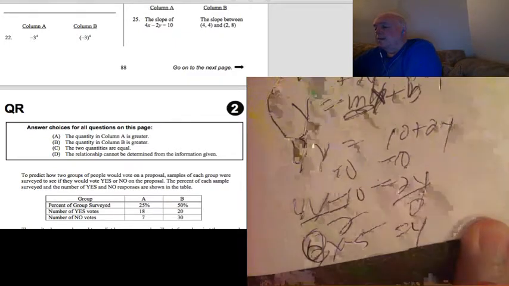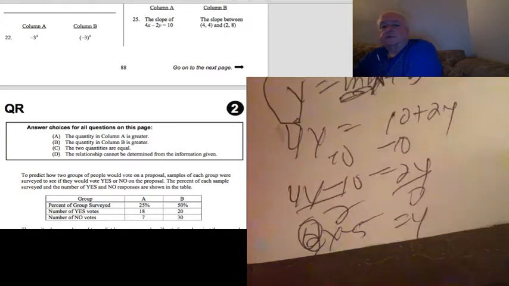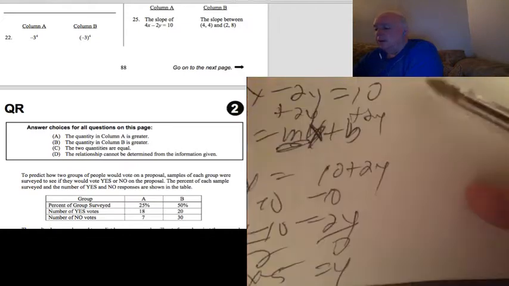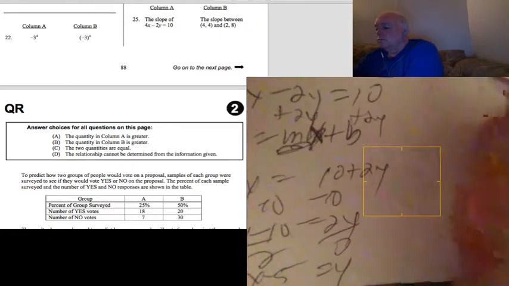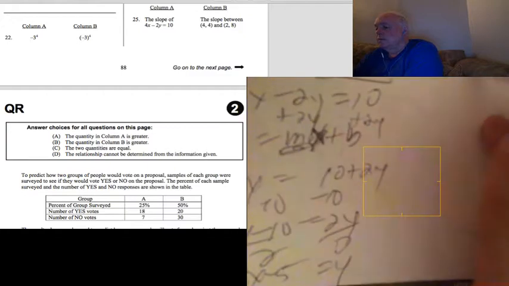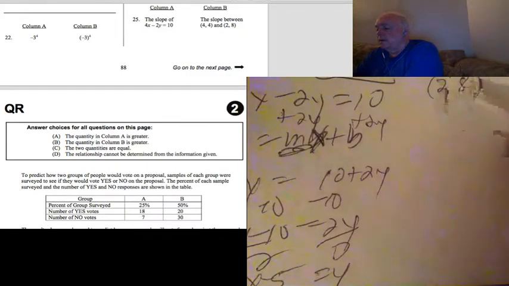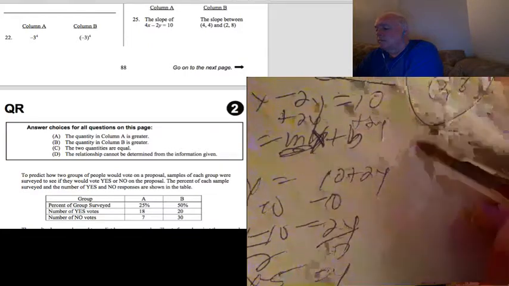Okay, for column B, we have 2 points. We have 4, 4, and 2, 8. So when we have 2 coordinates, the slope equals the rise over the run.